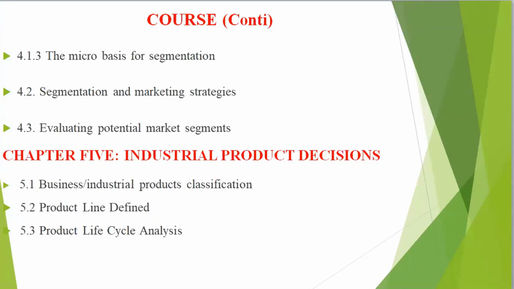There are a number of classifications, but industrial products are further classified as raw material, work in process, finished goods, supplies, and equipment.